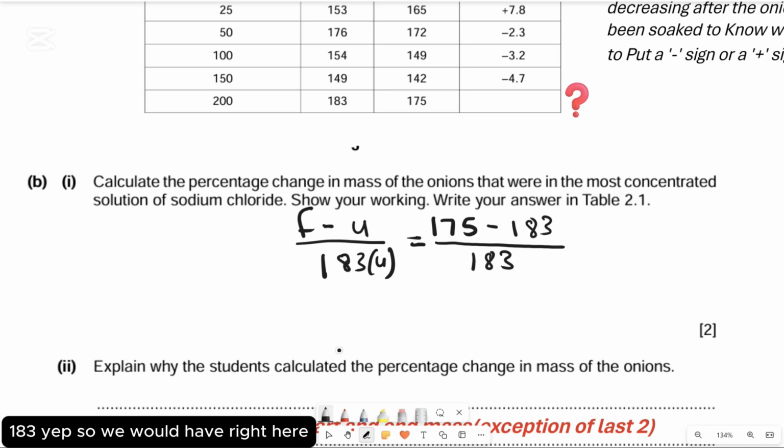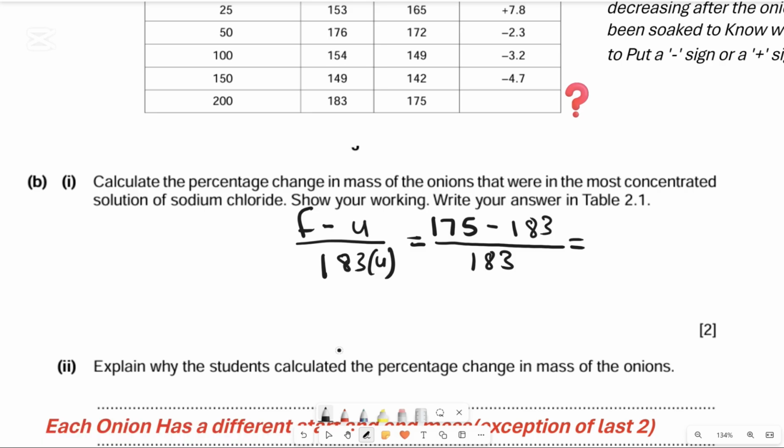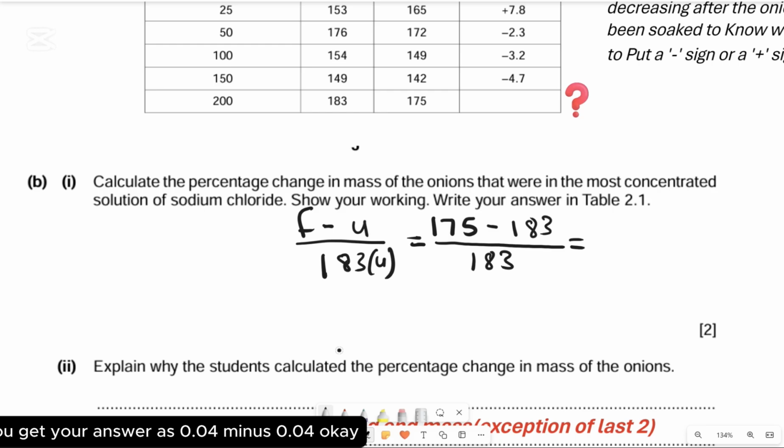Yeah. So let's just put that into a calculator. 175 minus 183 is minus 8 divided by 183. So you get your answer as minus 0.04.